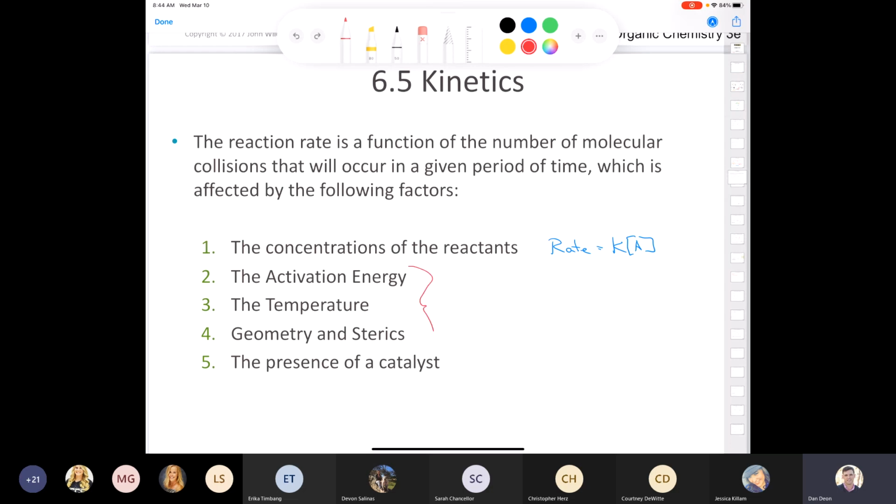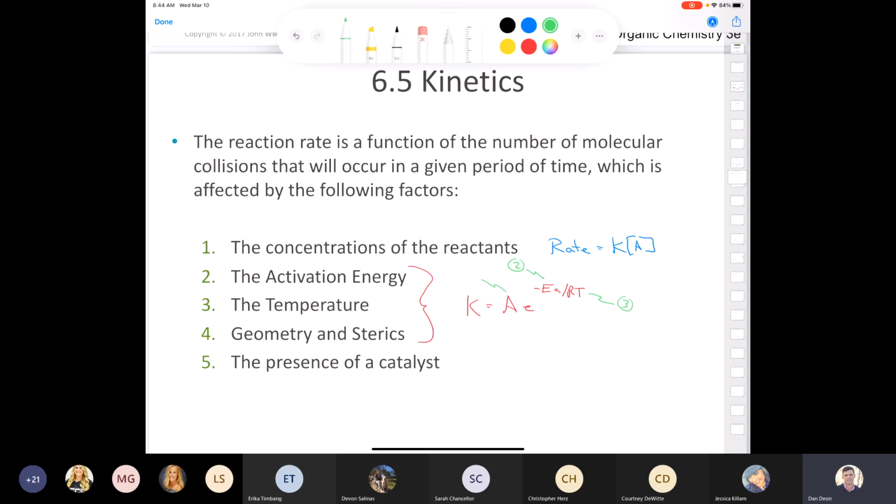Well, all three of these here, okay, activation energy, temperature, geometry, and sterics, these are all factored into k through the Arrhenius equation. k is equal to A times e to the power of negative Ea over RT, right? You have the activation energy, number 2. You have the temperature, number 3.